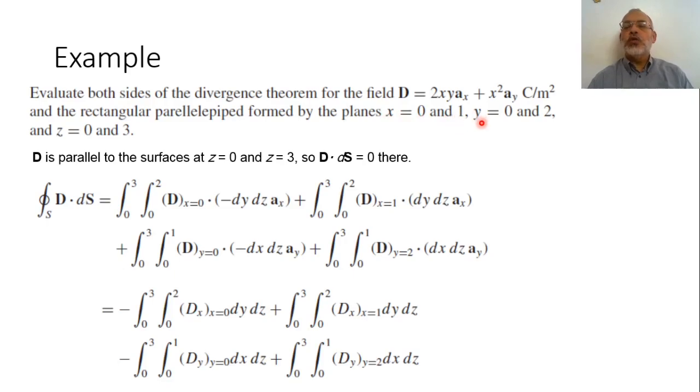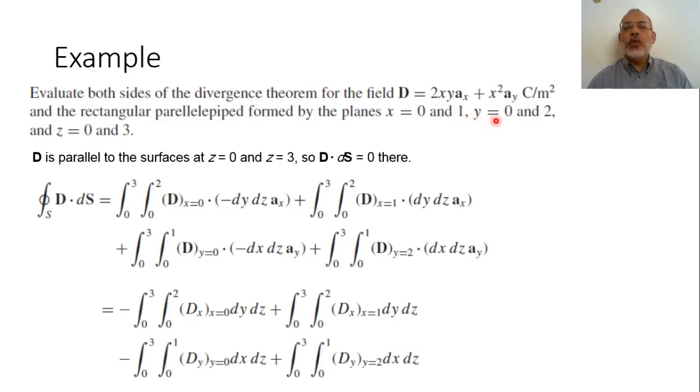We are going to the two faces y equals 0 and y equals 2. In the face y equals 0, the normal would be in the negative y direction, and in the face y equals 2, the normal would be in the positive y direction. In both cases, dS would be dx multiplied by dz.